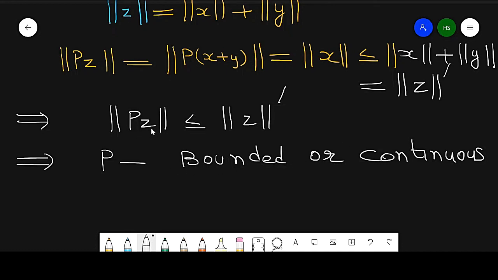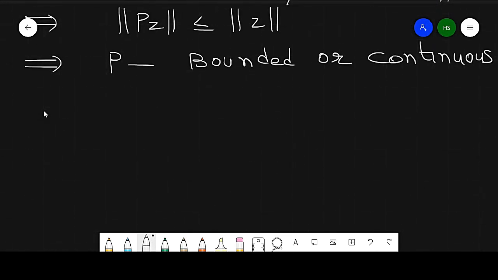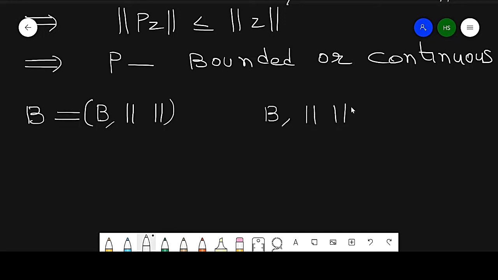Now, if I take B with the simple norm, I write it as B. If I take B with the new norm, then I write it as B dash.